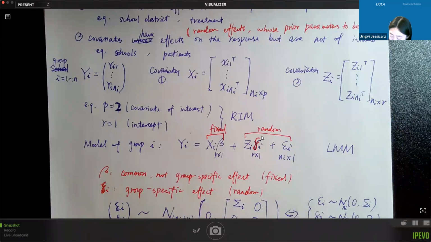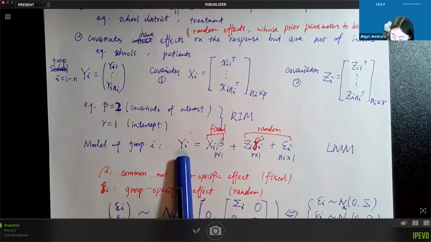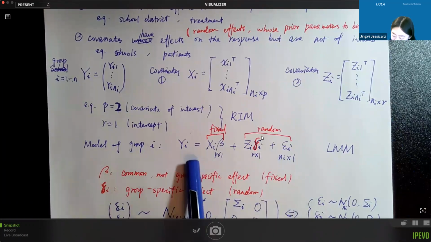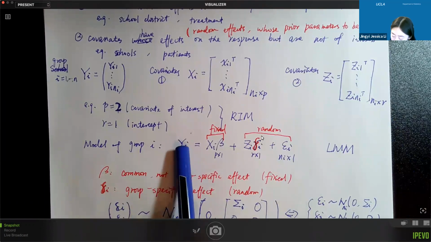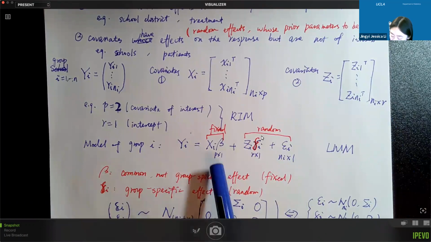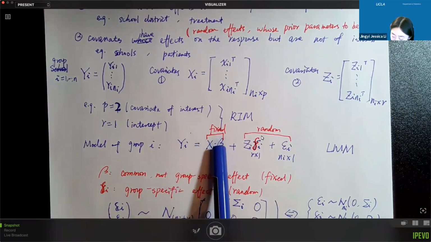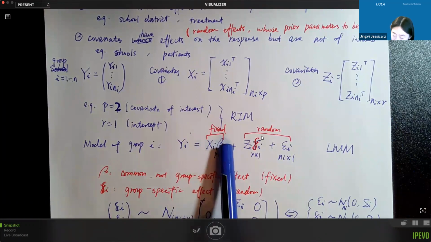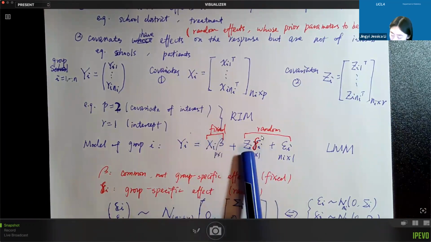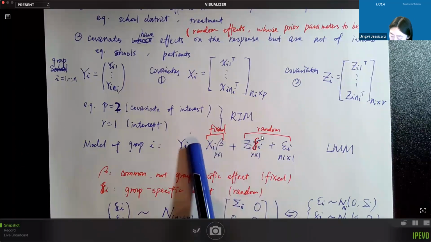So with this, I can actually write my model in this matrix form. Basically, for group i I will have a vector y_i, which includes all the students in school i, in that example. And this fixed part is the common intercept and also the effect of the school district. And the second part is the small variation in the intercept for school i.